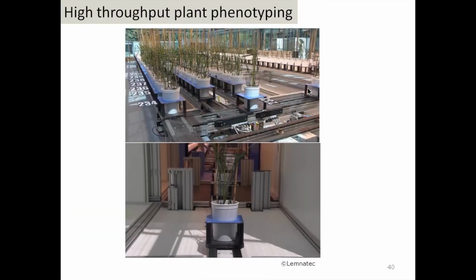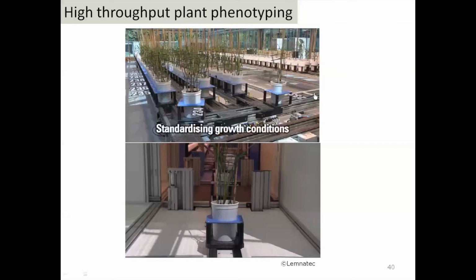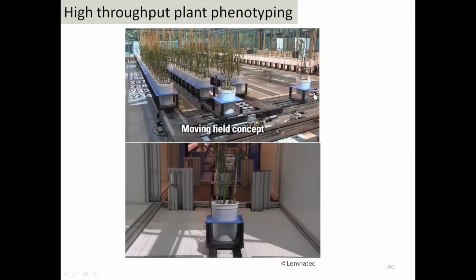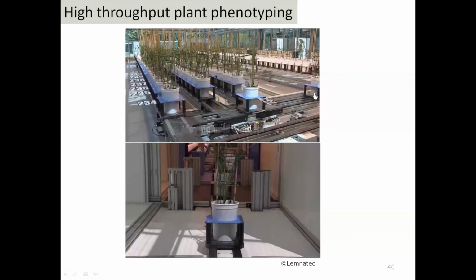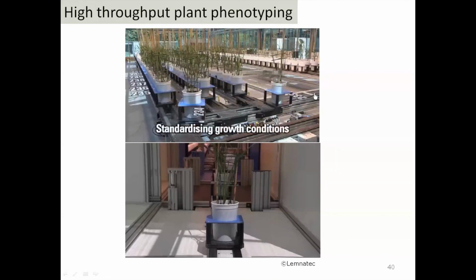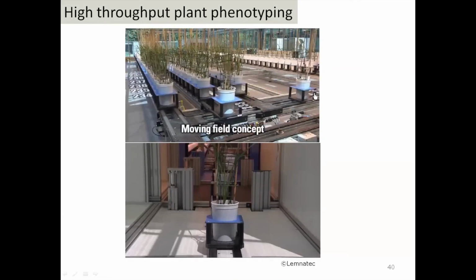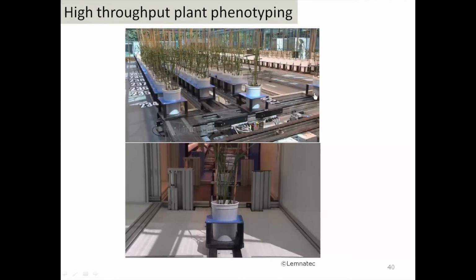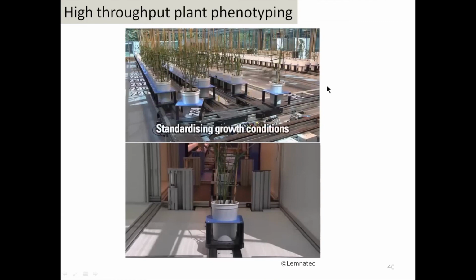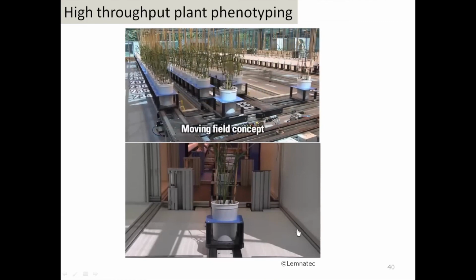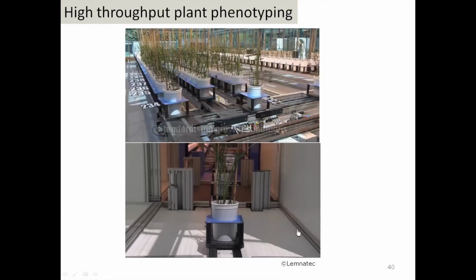Just to give you an idea, when people grow plants in large greenhouses for agronomical purposes, they want to try plants and try conditions, for instance. This is done with systems that have hundreds of thousands of plants that move every day and go to a kind of photo booth where essentially they have their picture taken.